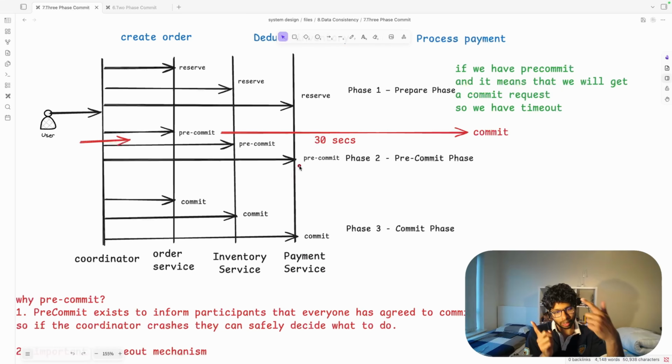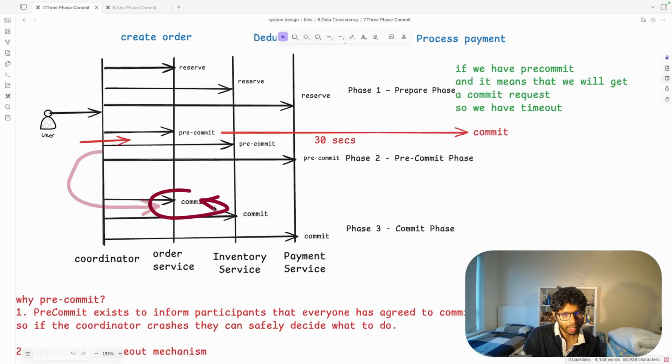Why this 30 seconds? Let's say we can take x amount of time, any time, for example 5 minutes as well. It means that the order service, inventory service and payment service now know very well that a new request is going to come in less than 30 seconds or less than 5 minutes, whatever time we set. Okay, if the request comes, we will mark it as commit.